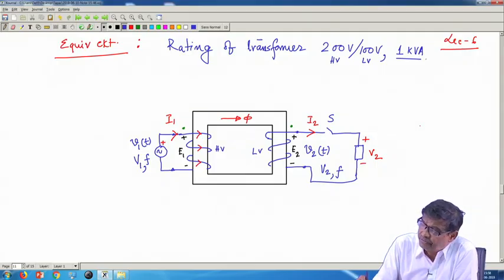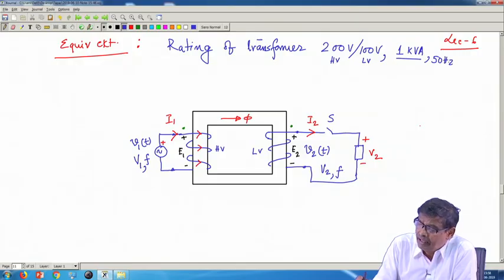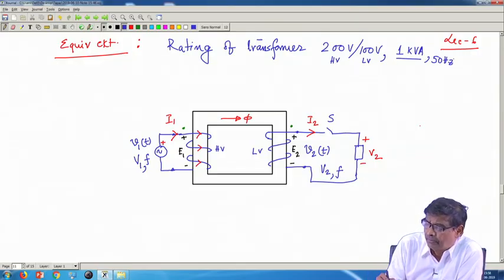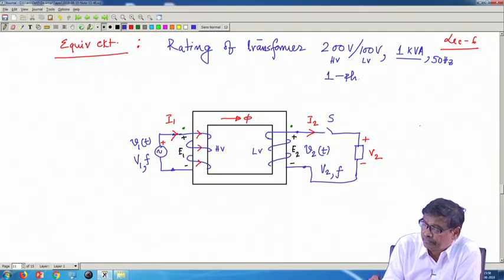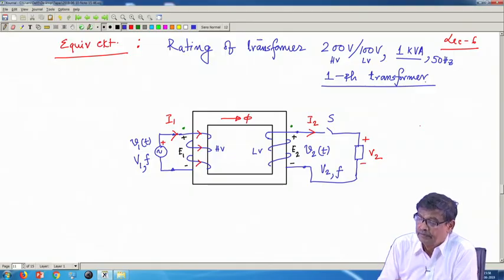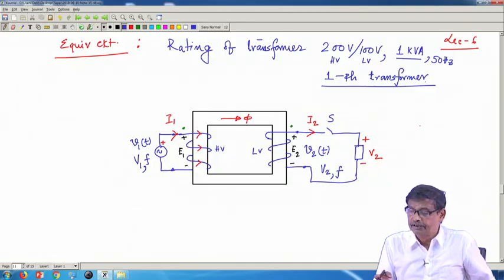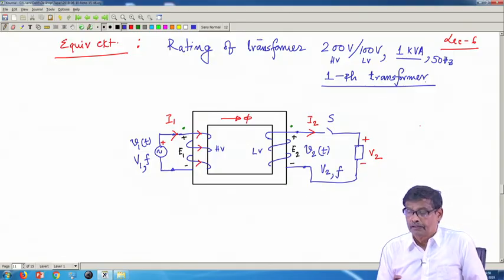Also the frequency will be specified, 50 hertz, and also what kind of transformer it is, a single phase transformer. Got the point. So, a transformer is specified in this way.